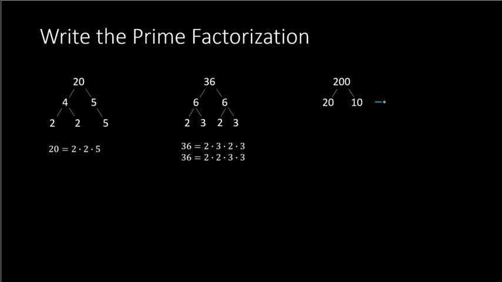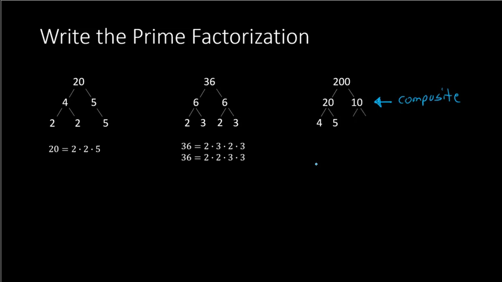And now looking at this row of numbers, the 20 and the 10, we need to determine, are those numbers prime or composite? Well, they're both composite, right? Those can both be broken down further. 20, we can break down different ways. One way is we can break it down as 4 times 5. And then the 10 is also composite.